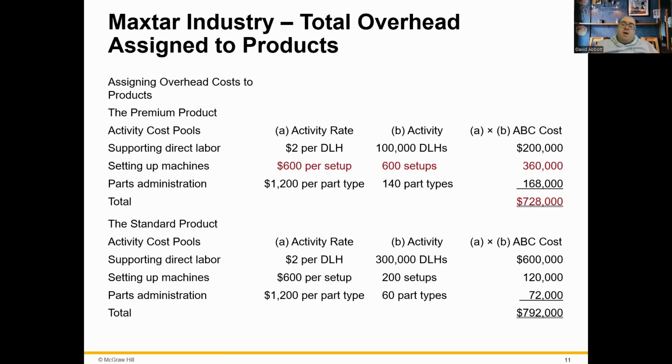So for the premium product, we have $2 per direct labor hour, 100,000 hours, so that's $200,000, $600 per setup, and there are 600 setups, so that's $360,000. And then $1,200 per part type, there are 140 part types, so that would be $168,000. And then we can do the same thing for the standard product, breaking down exactly how many labor hours are used, how many setups there are, and how many different part types are used.